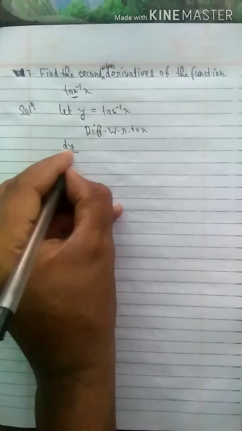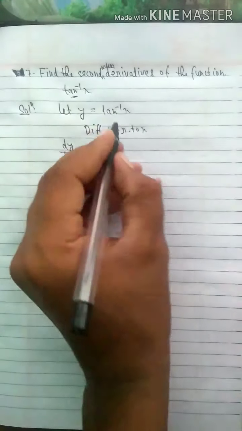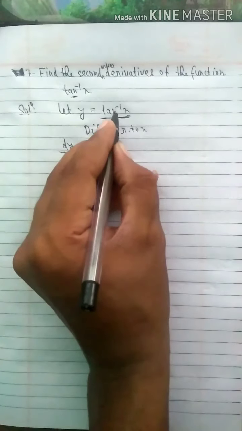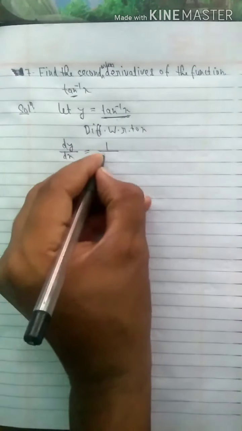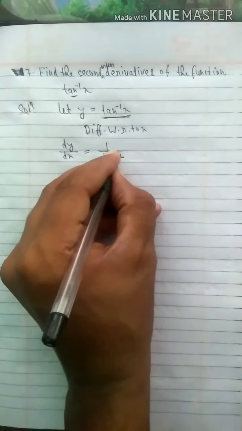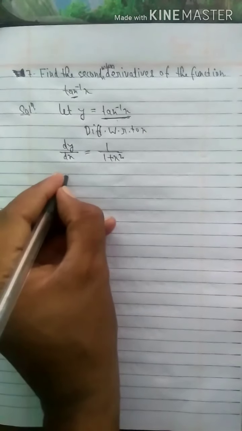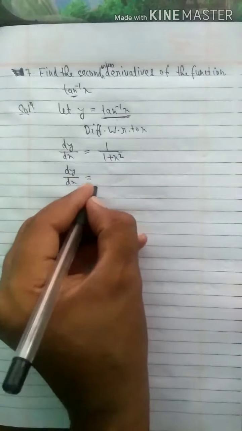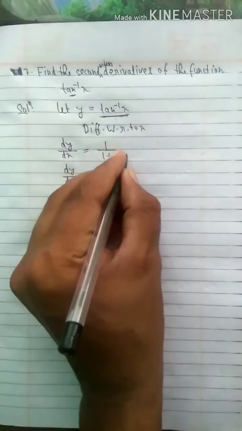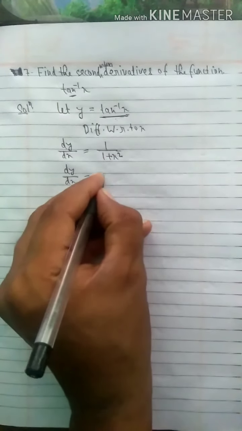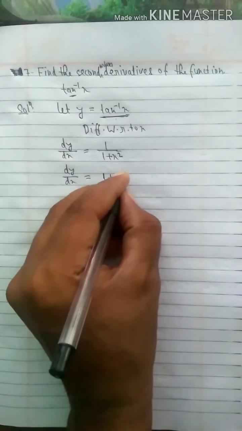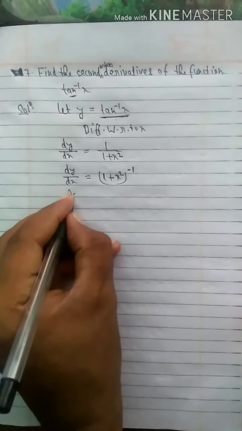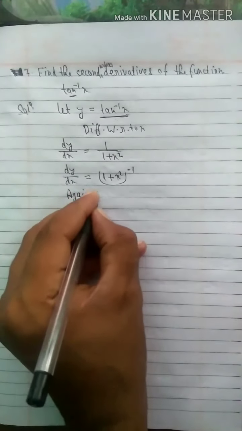We can write dy by dx, and we know the direct formula: the derivative of tan inverse x is 1 upon 1 plus x square. So dy by dx is 1 upon 1 plus x square, that is, 1 plus x square whole to the power minus 1.